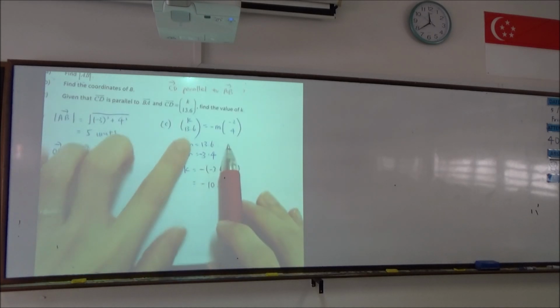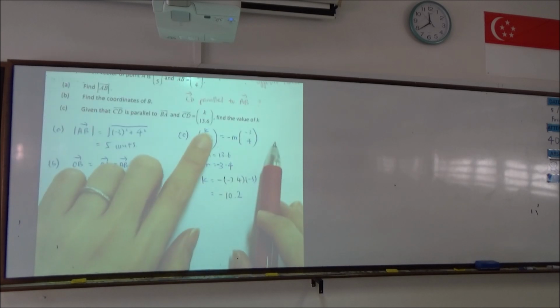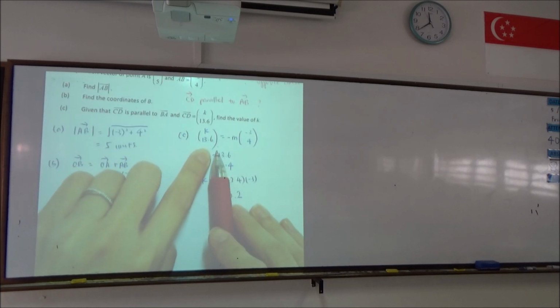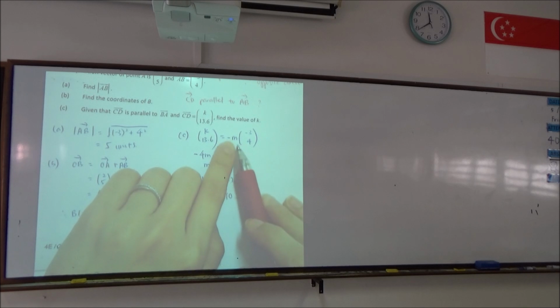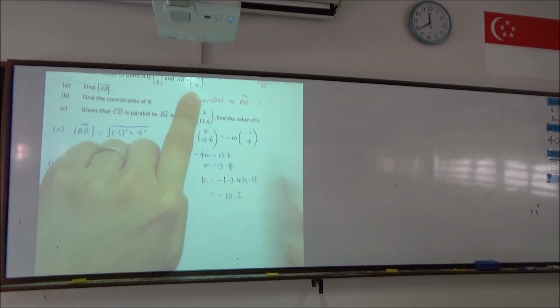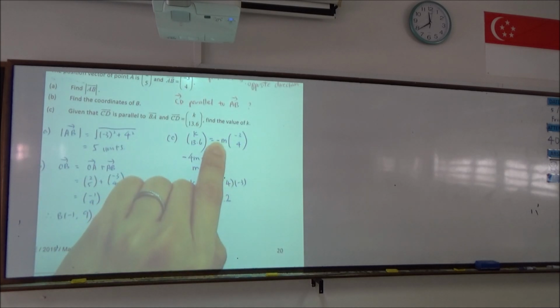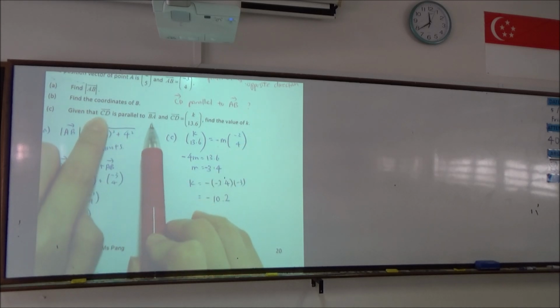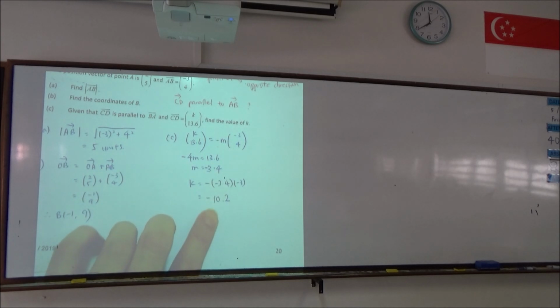So at the beginning, when I express my equation k(13.6) as a scalar multiple of (-3, 4), if I put a negative sign outside to be consistent with the question, the same direction, I will get negative 10.2.